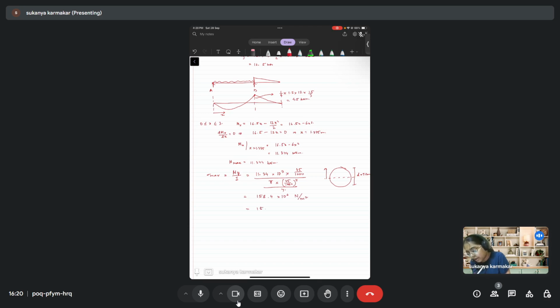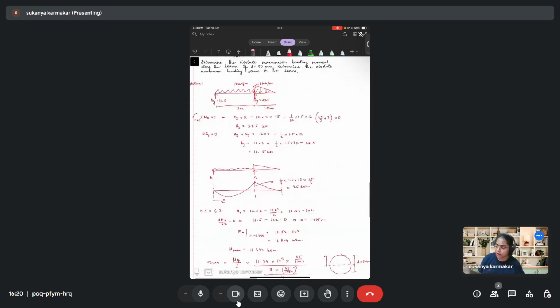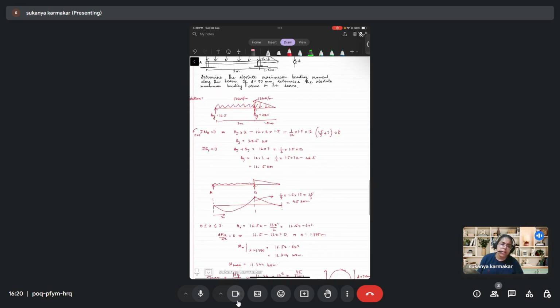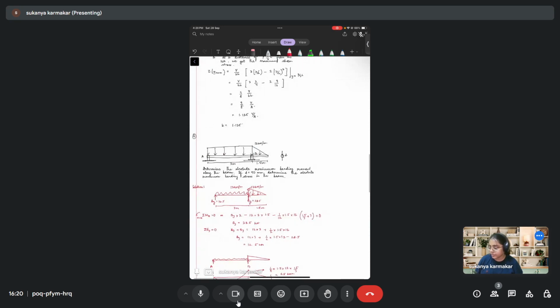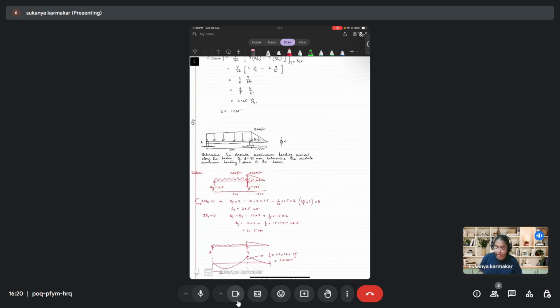That is 158.4 MPa. So the second part of the question was straightforward. How do you locate the point of maximum bending moment? You can get an idea from this question. Okay. Now let's move on to the next question.